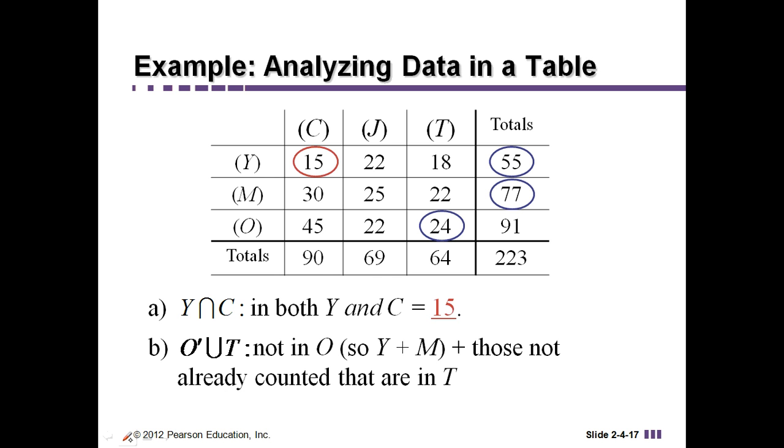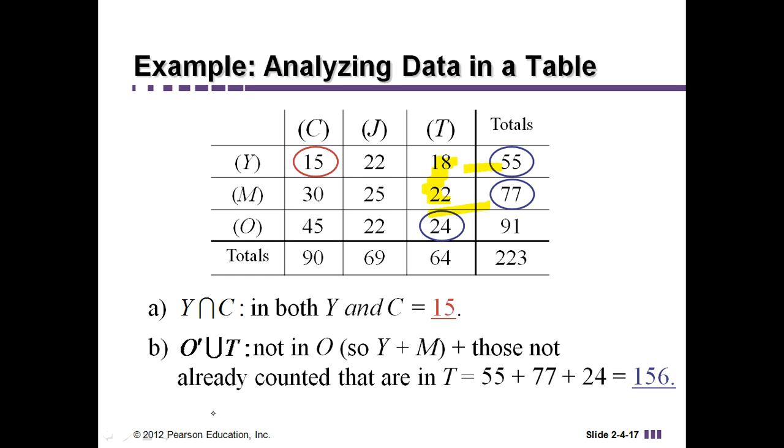So that's why in this example we're counting the 24, but we're not counting the 22 and the 18, because I've already counted those when I counted the 55 and the 77. So when I'm looking for the union of the complement of O and T, I'm looking at the 55 plus 77 plus the 24, which is 156.